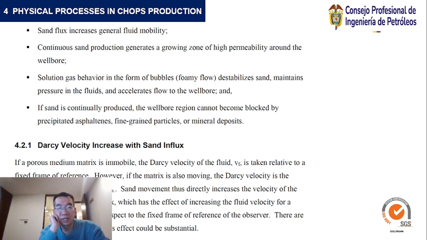Sand movement thus directly increases the velocity of the fluid phases relative to the matrix, which has the effect of increasing fluid velocity for a particular pressure drop with respect to the fixed frame of reference of the observer. There are several cases where this effect could be substantial.